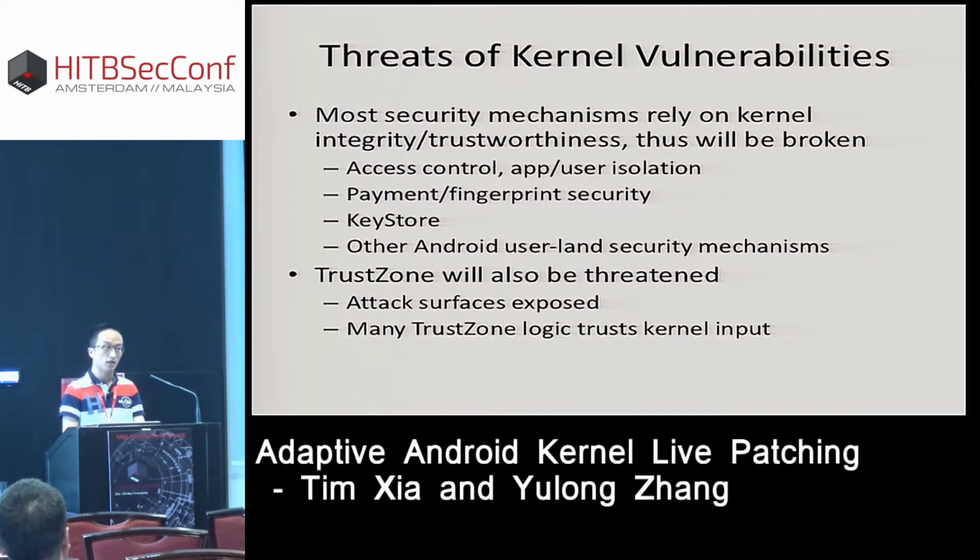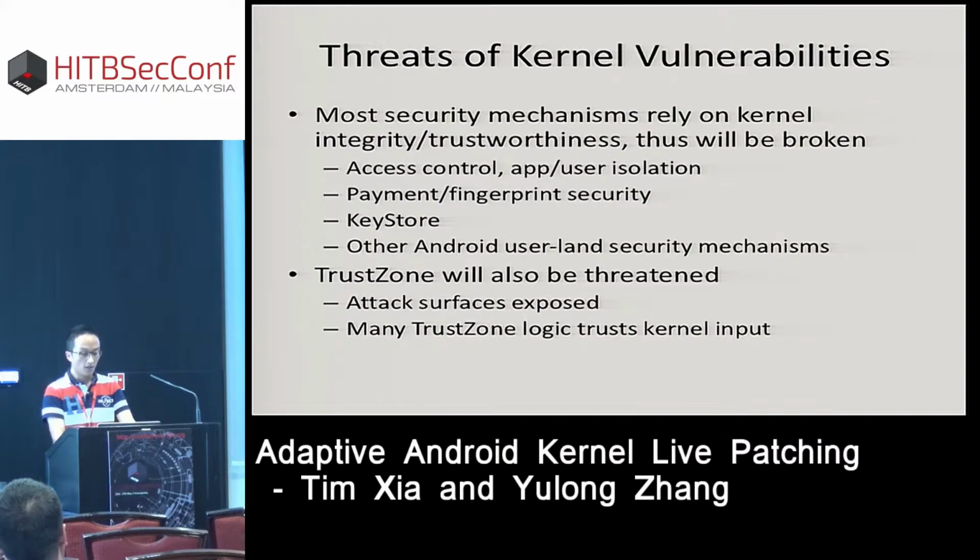And the payment mechanism relies on the kernel integrity as well. So does the fingerprint framework. And also the crypto framework, more specifically the key store, relies on the kernel integrity. And there are many other user-land security mechanisms that strictly rely on the kernel integrity.